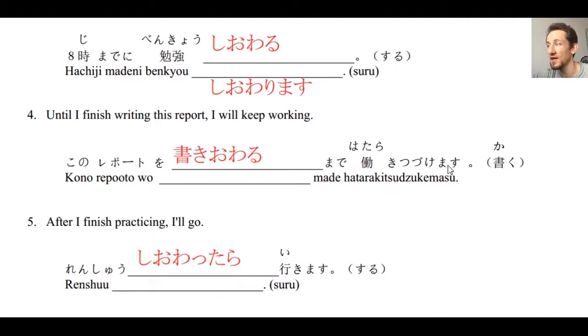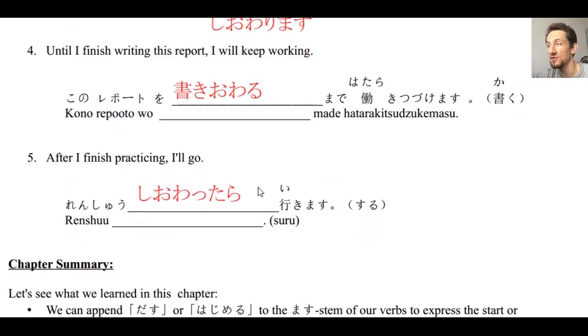And here we have 続ける with 働く, 働き続けます, which we learned in part 2, to continue working. Hopefully you can go back and review those to refresh your memories a little bit. And here we have the last one, number 5: after I finish practicing, I'll go. 練習し終わったら行きます. And that's it.